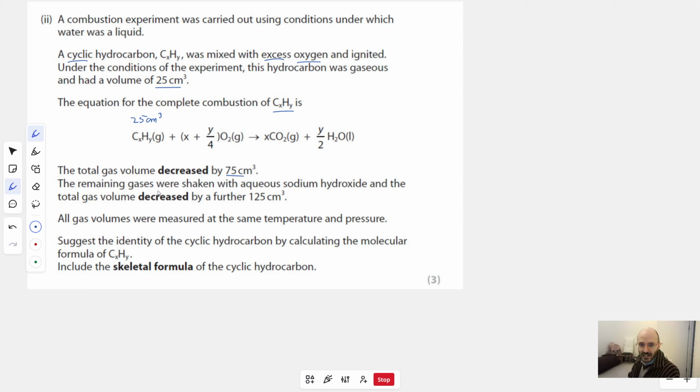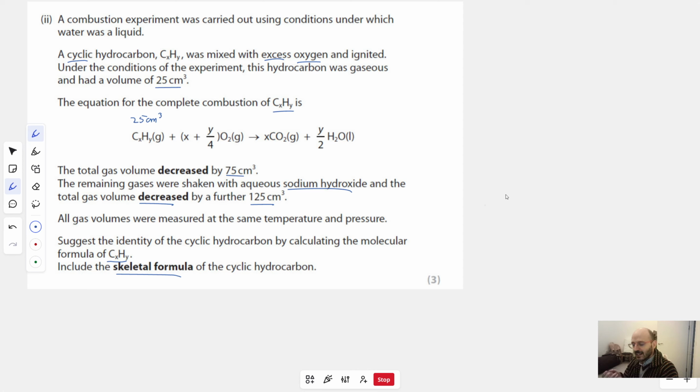The remaining gases were shaken with aqueous sodium hydroxide, and the gas volume decreased by 125. All the gases were at the same temperature and pressure. Which suggests the structure of CxHy, including the skeletal formula? You might want to read the question again.